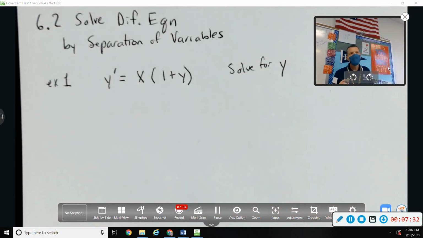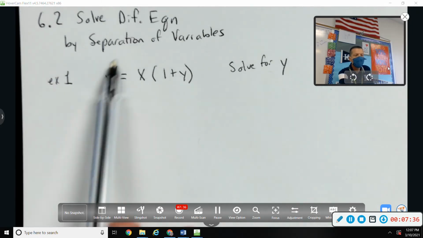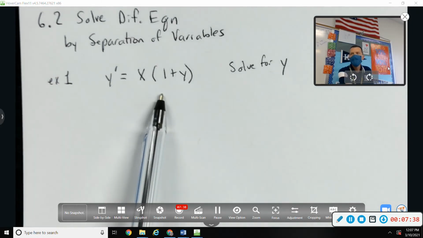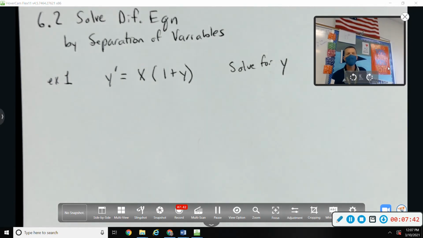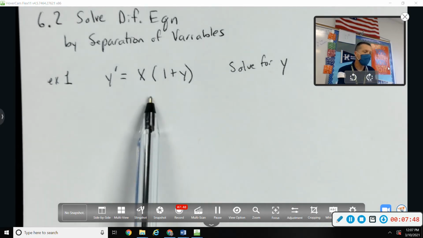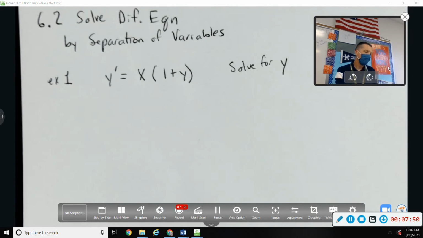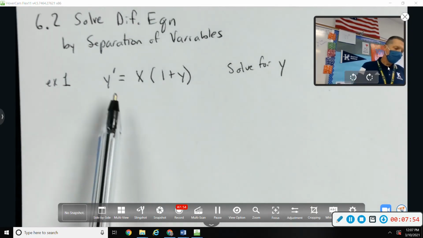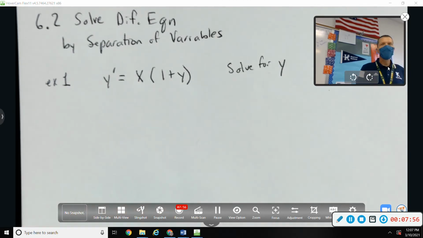So it's good to think big picture. Slope fields help you graphically see what the solution would look like, because they're easy to do. You just plug in a whole bunch of points and sketch the little slope pieces, and you get a picture of what your solution would look like. Today we're going to do it a little more analytically and get a more precise equation that is the solution to this differential equation.